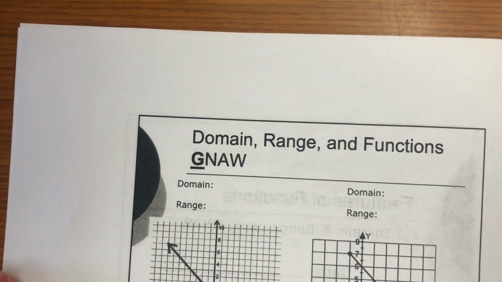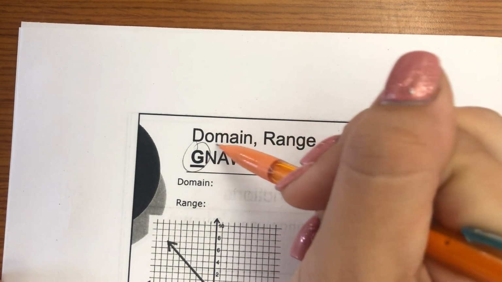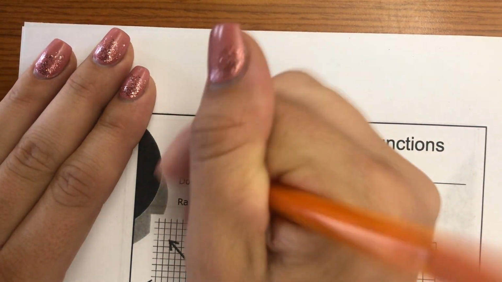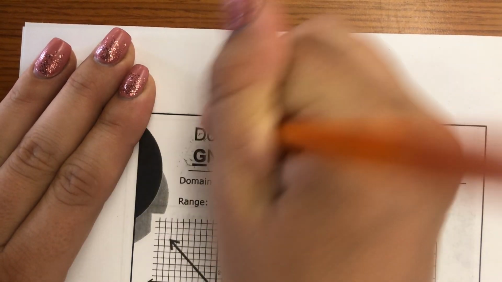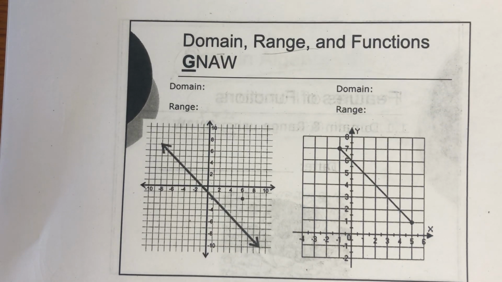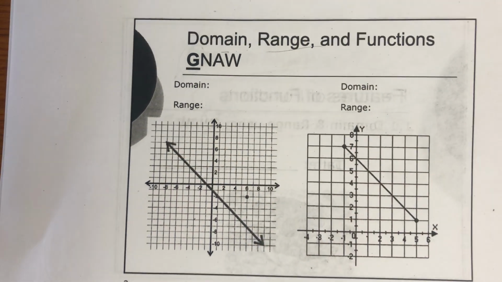We're starting with the G in NA, graphically. So we're going to find domain and range given the graph. Let's take a look at the first one. It's a line, great. It goes on and on forever, that's what the arrows mean. You could say a lot of different things about it.